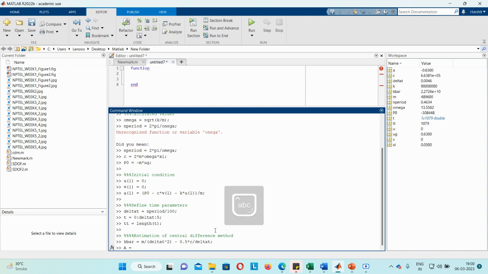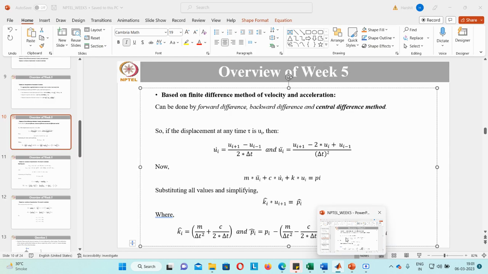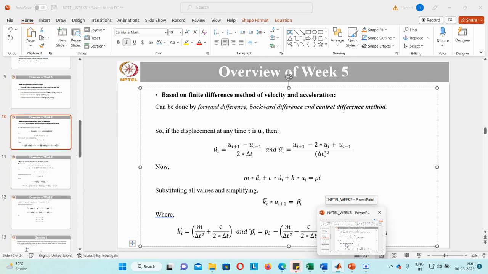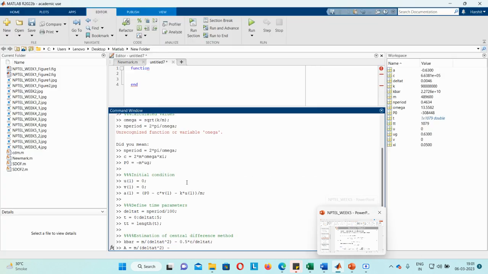A will be given by m divided by delta t square minus c upon 2 delta t. Here it was plus, so I will again define the k bar.